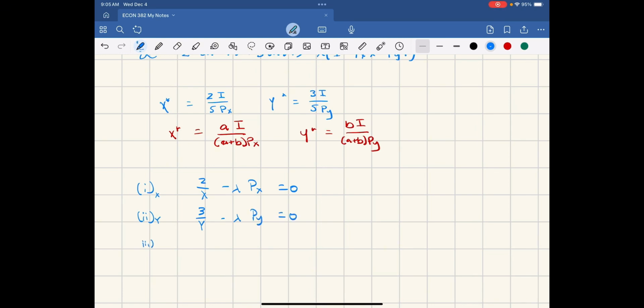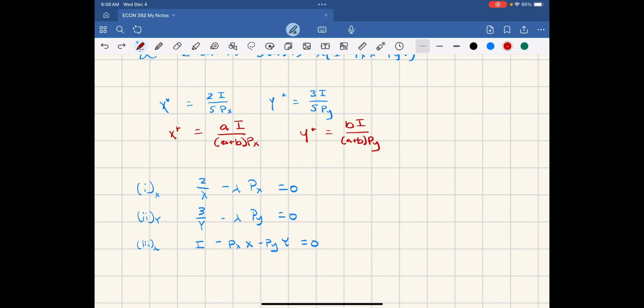And then the third first order condition with respect to lambda is the budget constraint. Now we're solving for our x, our y, and our lambda. So those are 3 unknowns, and we have 3 equations. So this system of equations is identified, and we can solve from there.